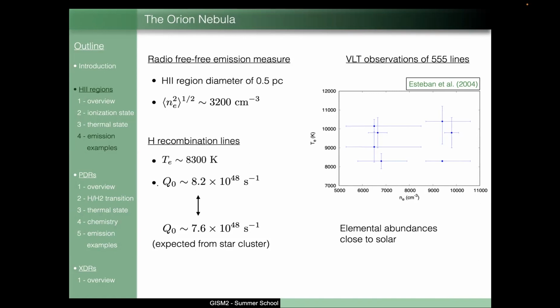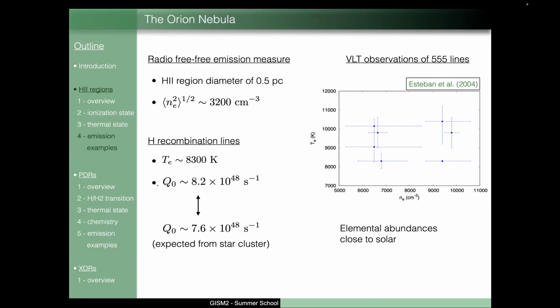From the H recombination line, you can get the kinetic temperature of the electron, which is about 8×10⁻³ Kelvin, which is roughly what we expect for H2 region. But you can also get an estimation of the total flux or the total number of ionization of hydrogen that you can compare with the number of ionization you would expect from the star cluster and the trapezium cluster. And in fact, you see that these 2 estimations roughly agree with one another.